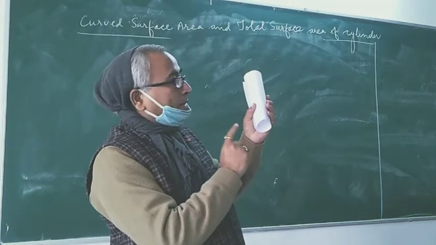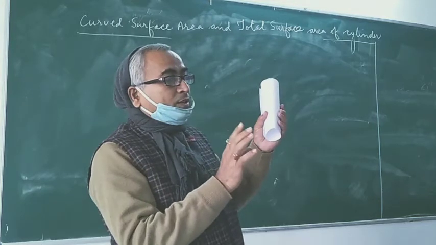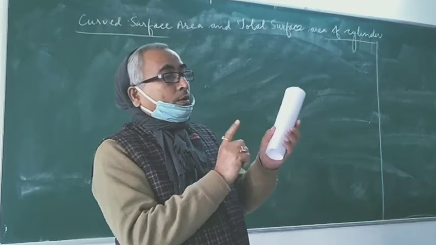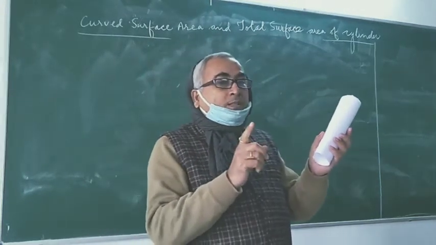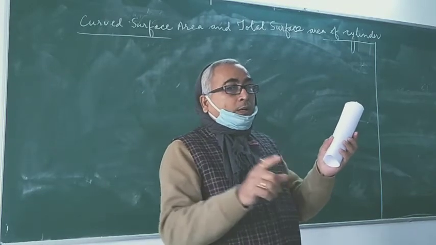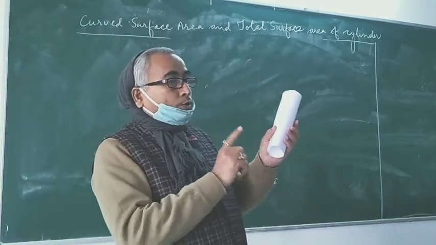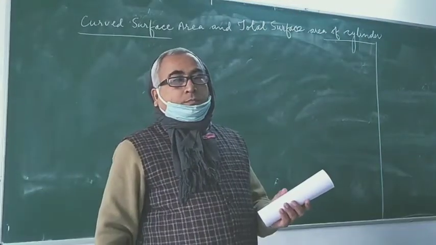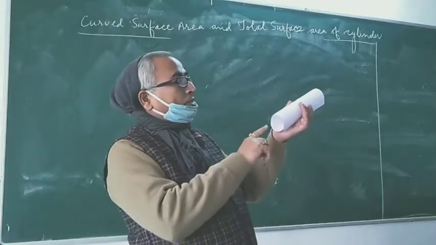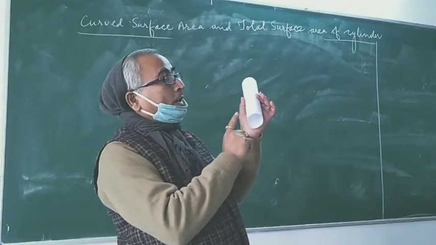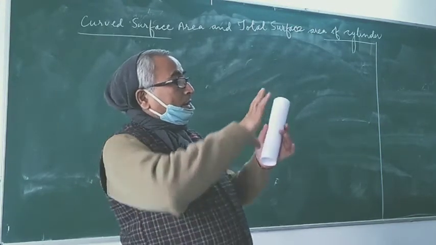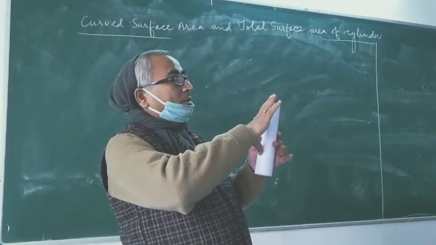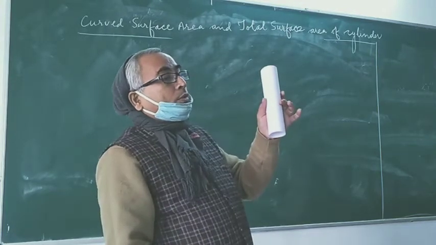And what is the formula for circumference? 2 pi r. It is remarkable that this L is converted into 2 pi r. And earlier it was breadth, which is converted into height.